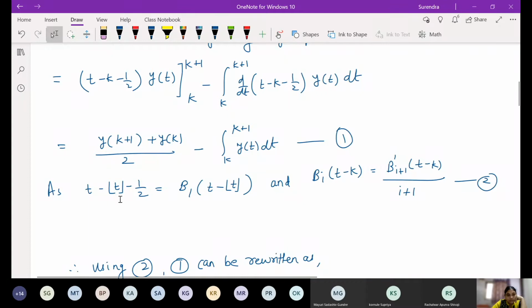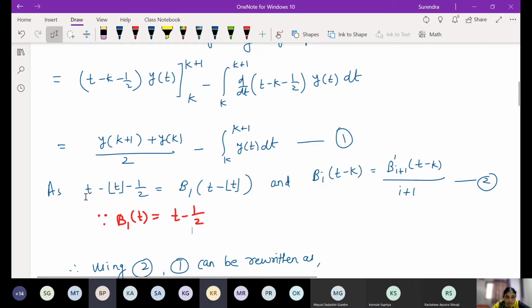Now, t minus floor function of t minus half can be written as b1 of t minus floor function t. What is my b1 of t? It is t minus half, 1 by 2.